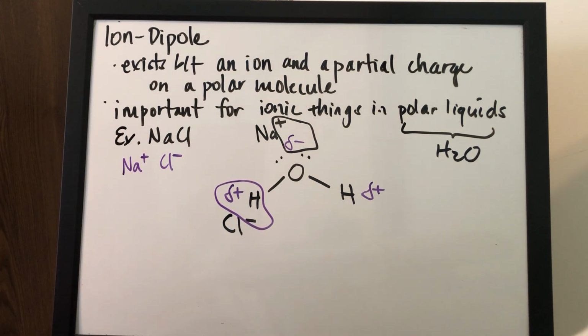Okay, huge attractive forces, and that attractive force is called an ion dipole attractive force, or intermolecular force, I guess I should say. Okay, so that's your first intermolecular force, ion dipole. It's basically only going to be when ionic things are dissolved in water. So ionic substances in water, ion dipole.